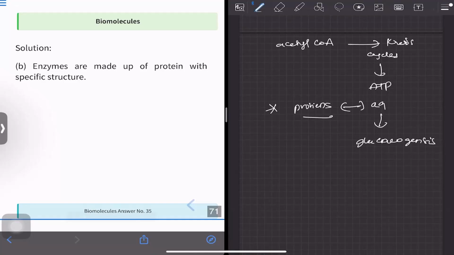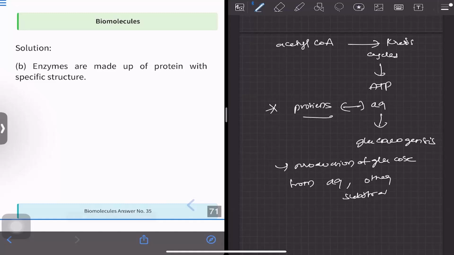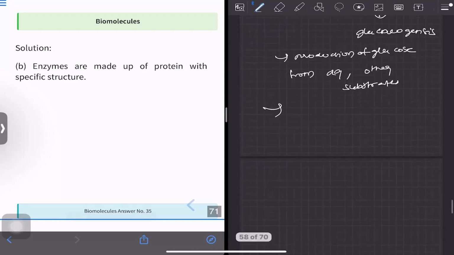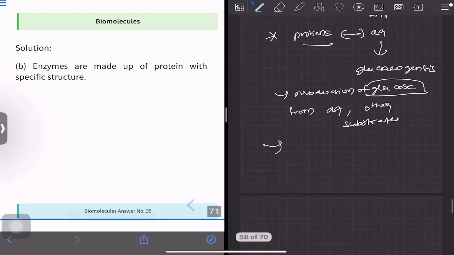Gluconeogenesis is production of glucose from amino acids and other substrates. After producing glucose, it undergoes glycolysis. The pyruvate produced from glycolysis enters the Krebs cycle. So we all know glucose is the main energy source in our body.